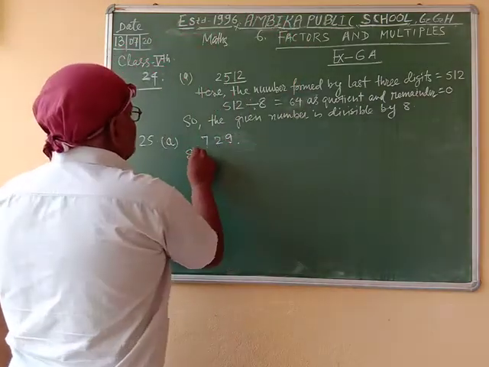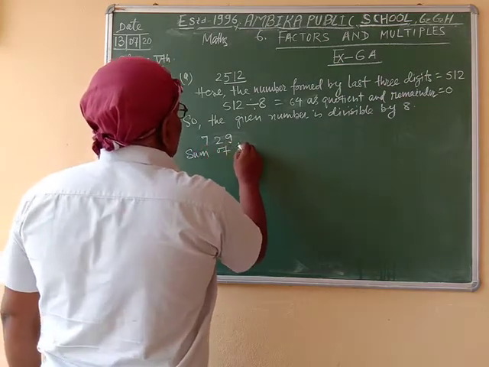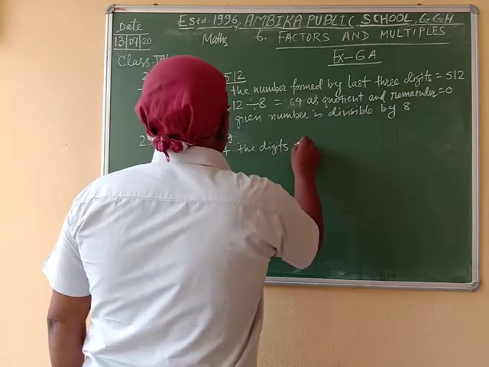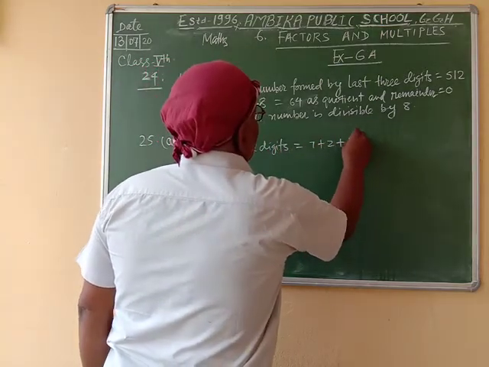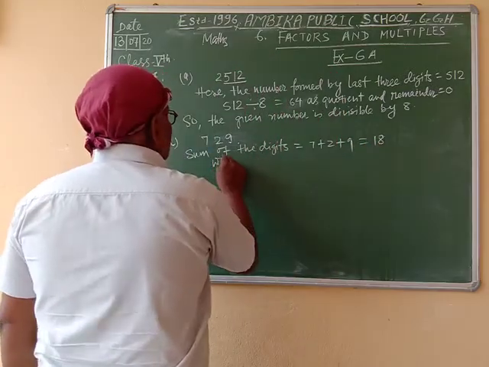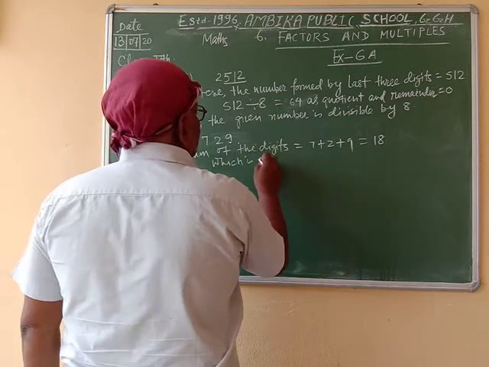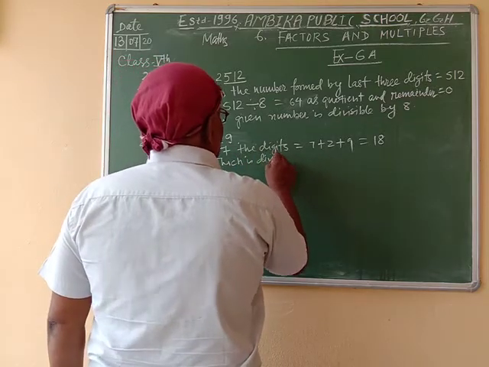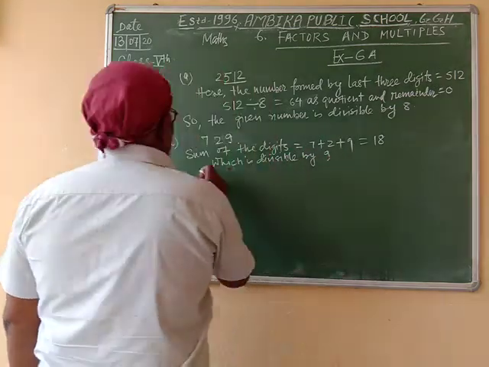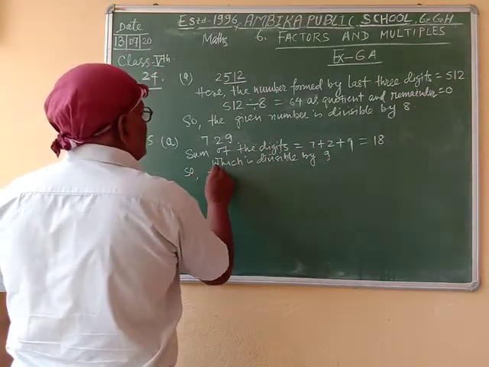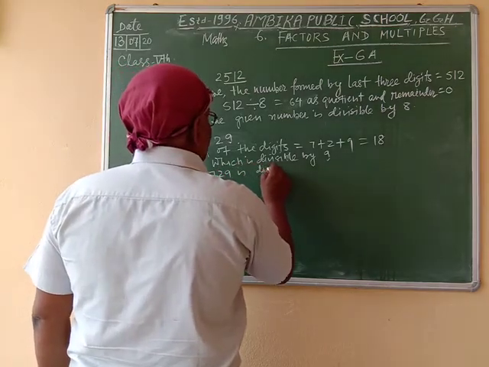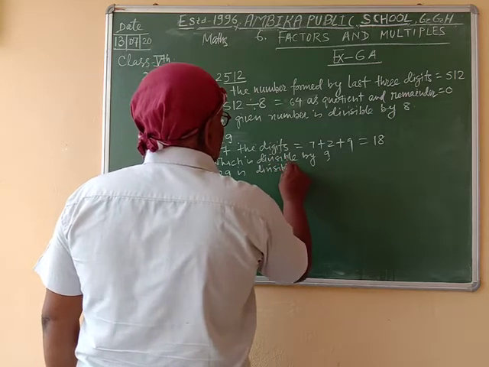Sum of the digits is equal to 7 plus 2 plus 9 is equal to 18, which is divisible by 9. So 5,729 is divisible by 9.